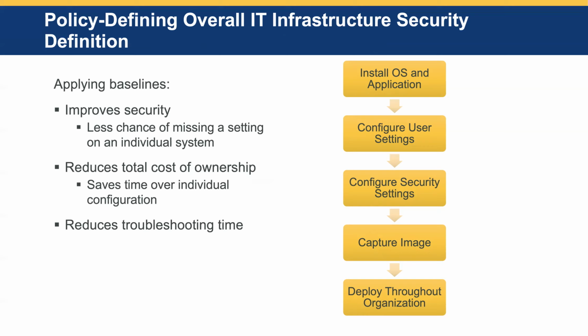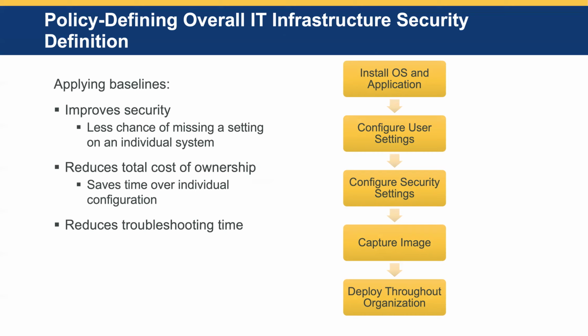It could be elimination of changes to configuration settings, as well as improving performance, and we can make use of the gold master to replicate systems throughout the organization. If all of the systems are set up and configured appropriately using our standards, then this makes it a lot easier for service and help desk to perform troubleshooting as well.